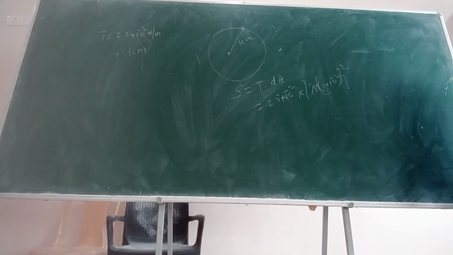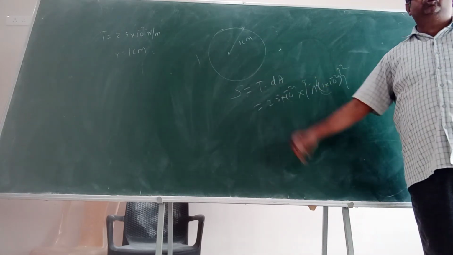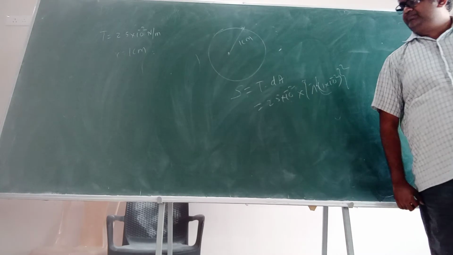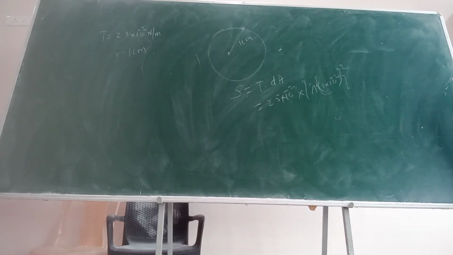Clear everyone? Simple question, but a bit of concept. From a small dot, it became a soap film. Once you calculate that, you get some 6.275 into 10 power minus 5. Do the calculation part.